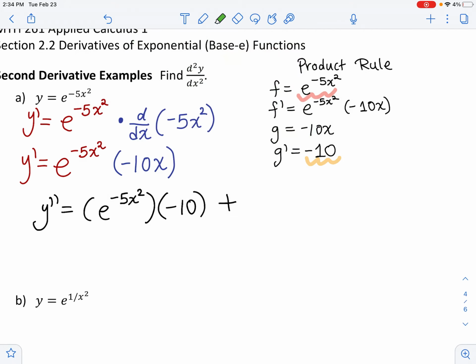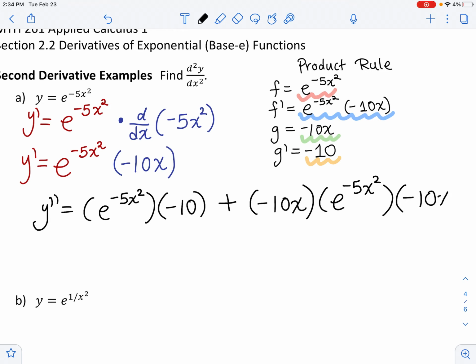And then what do we do? We do second times, negative 10x times the derivative of the first, which is slightly longer. But let me put that over here. I'll put e to the negative 5x squared in its own parenthesis so that we can see we should be able to factor that out.